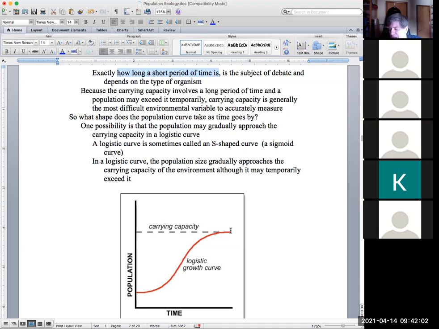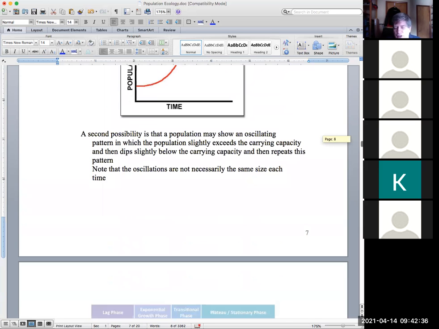Because if you live a long time and have a low reproductive rate, then the population is only going to go up very slightly over time. And when you start getting close to the carrying capacity, again, what happens? Resources become scarcer. They become harder to obtain. So that slows population growth even more. So notice the curve flattens out. So with some organisms, we see a logistic curve, or if you prefer, S-shaped or sigmoid.